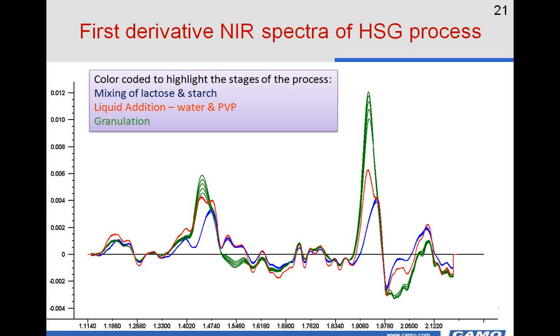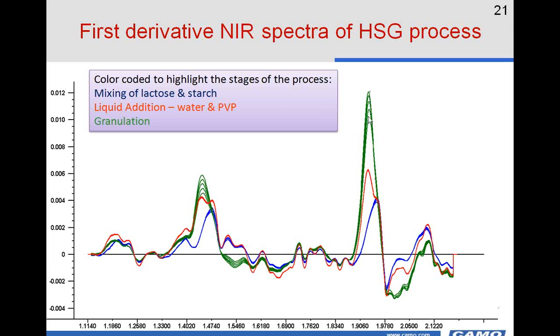So a first derivative was done on those spectra. And you can see that there are 3 types of spectra. And they represent the different phases. So here in blue we have the first phase, which is the mixing of lactose and starch. And then we have the liquid addition phase in red, and in green the granulation.